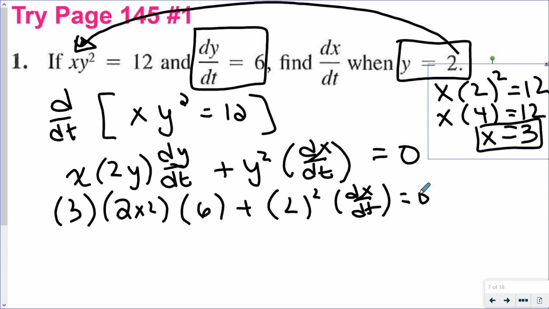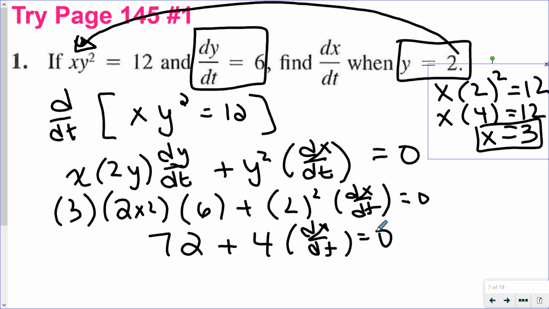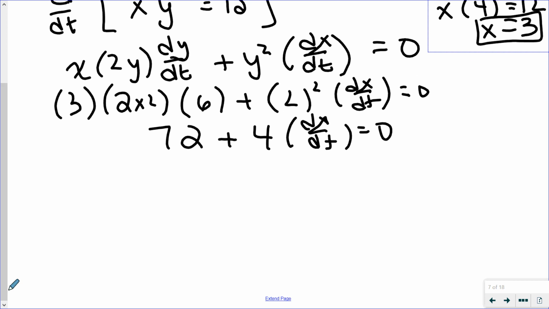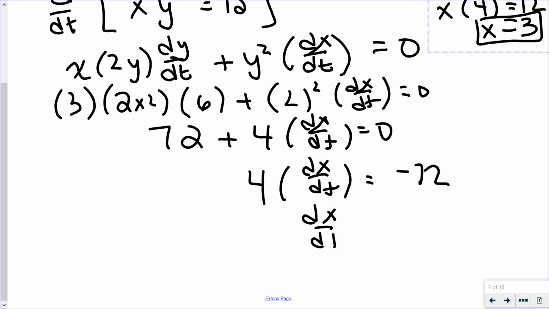So here I have 3 times 2 times 2 times 6, that's 72 altogether, plus 2 squared is 4 dx by dt equals 0. So to get dx by dt by itself, I'm going to subtract 72 from both sides. So I have 4 times dx by dt equals negative 72, and then divide both sides by 4. So this is dx by dt equals negative 72 divided by 4, negative 18.